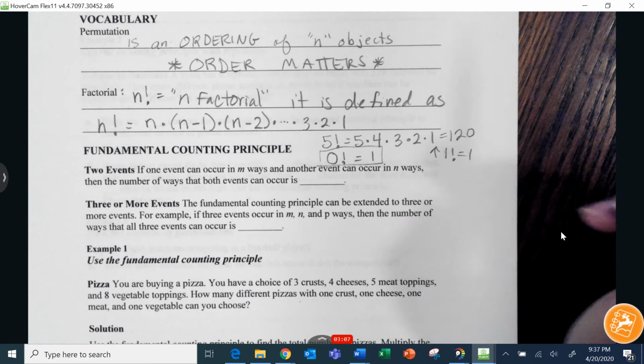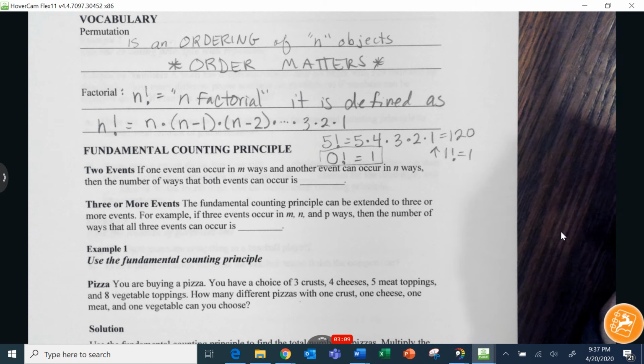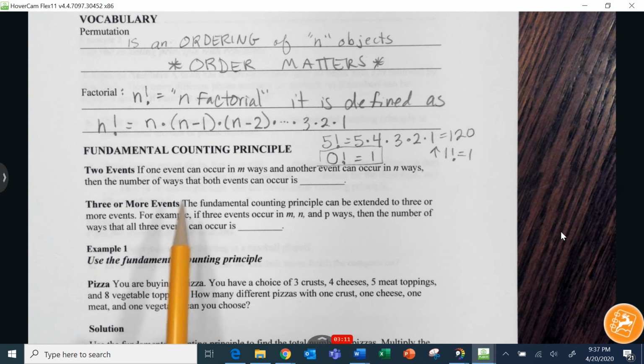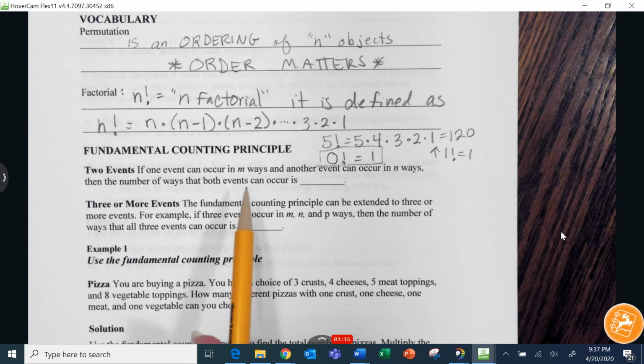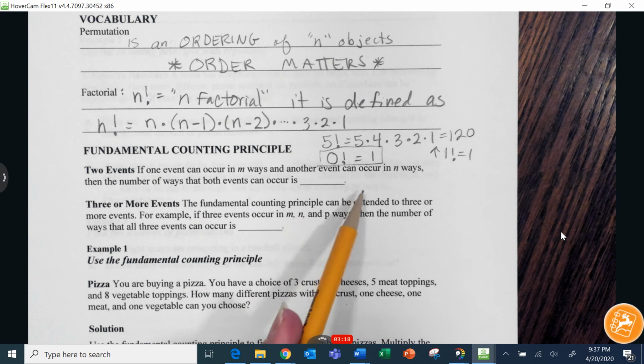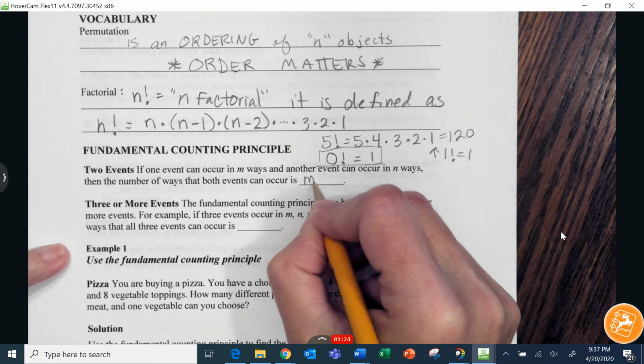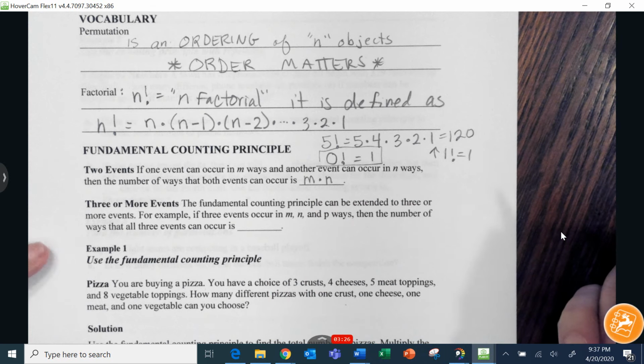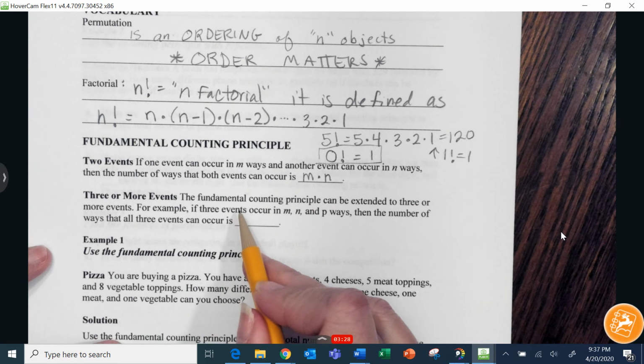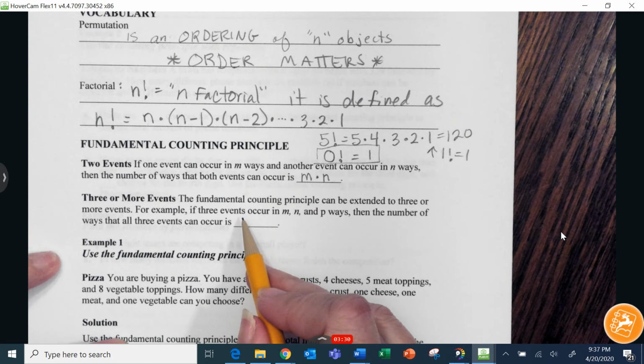All right, here's the fundamental counting principle. If we have 2 events, one event can occur m different ways and another event can occur n different ways. The number of ways that both events can occur is m times n. If we have 3 or more events, the fundamental counting principle can be extended.